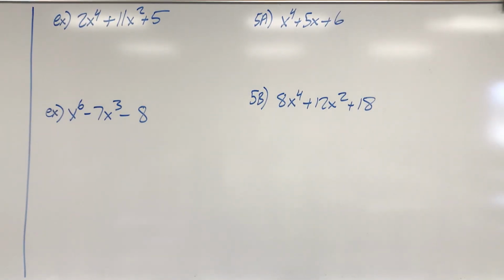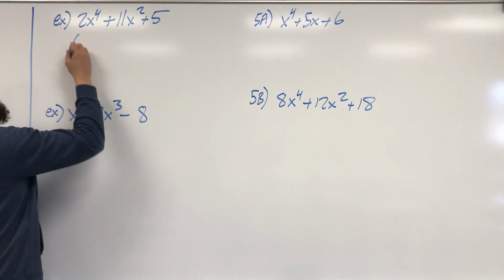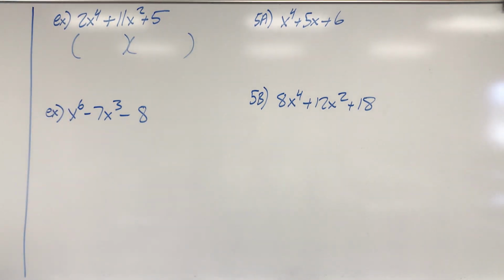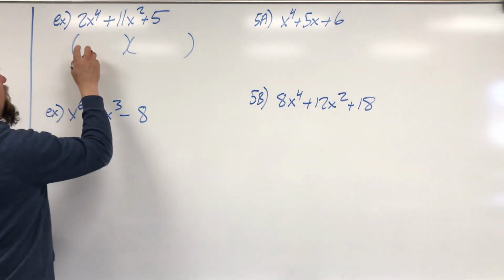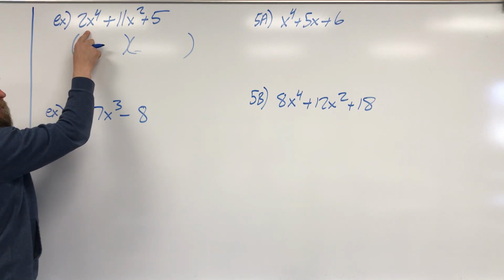All right, so here we have 2x to the 4th plus 11x squared plus 5. In this case, we are going to try to factor it. This time we have a number out front other than 1. What we put in the first terms has to multiply to be 2x to the 4th.